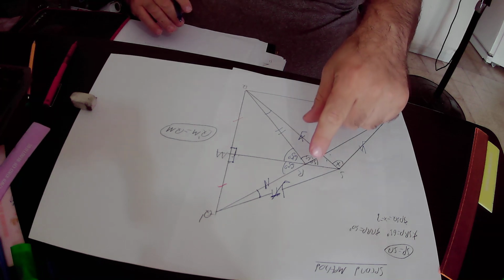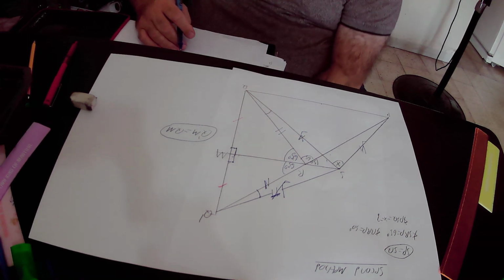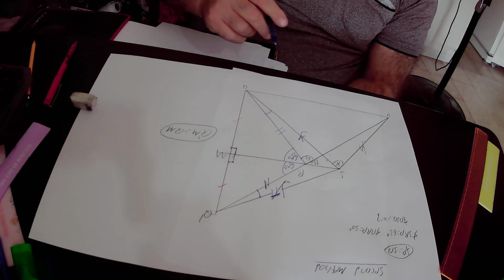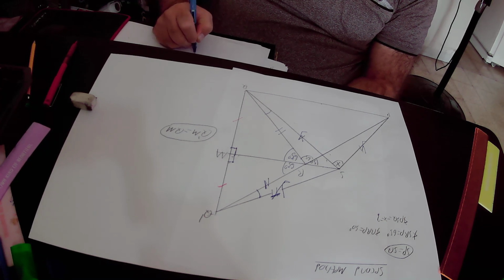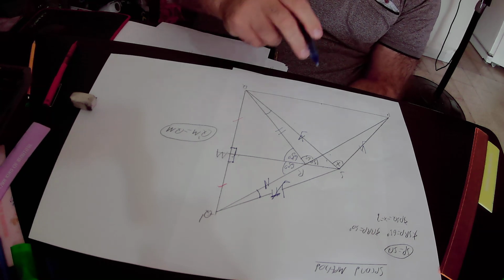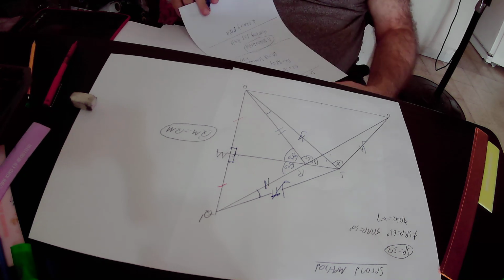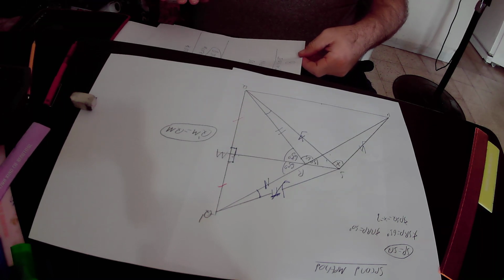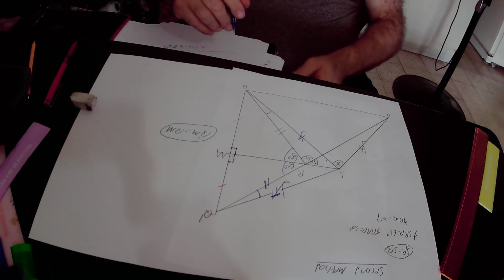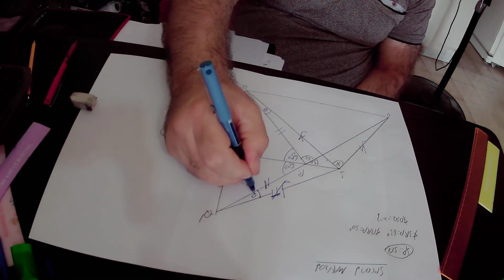So we can write down that angle SQR is equal to angle SQ dash R. If we define angle SQR as theta, then angle SQ dash R will also be equal to theta.